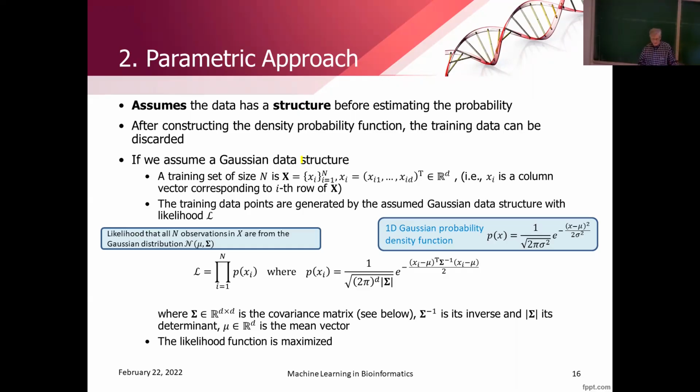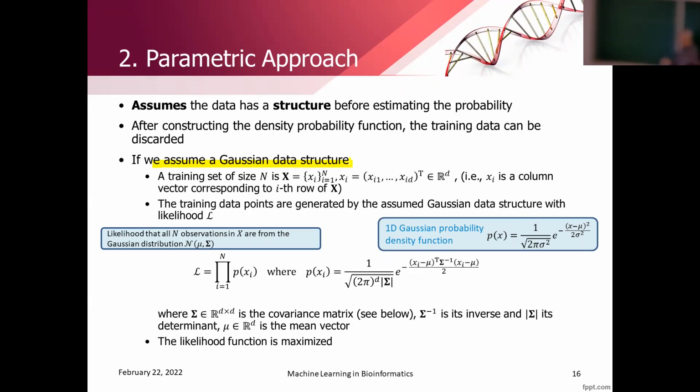distribution of the data. So for example, let us assume that we have a Gaussian data structure. For the Gaussian normal distribution, what are the parameters describing the normal distribution? Mean and variance. These two are enough.